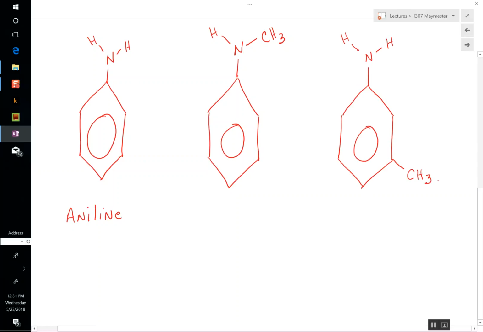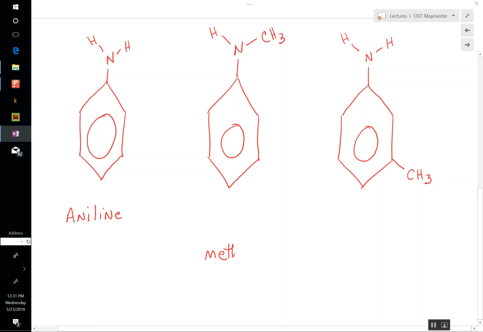These are all aniline of one form or another. They're all aniline. Got a benzene ring with an amine on the benzene ring, so aniline. The only thing I did on these two molecules is I added a methyl group. Here I added the methyl group to the nitrogen. And here I added the methyl group to the benzene ring. All right, so they're both going to be methyl aniline.